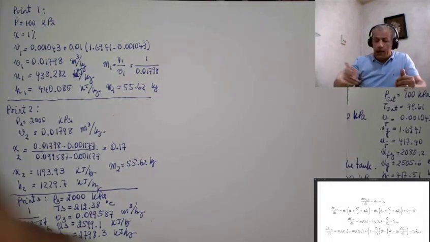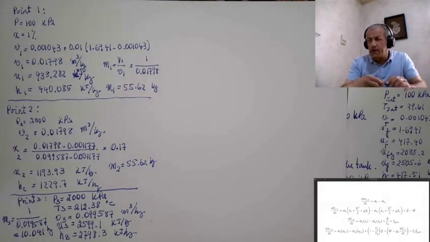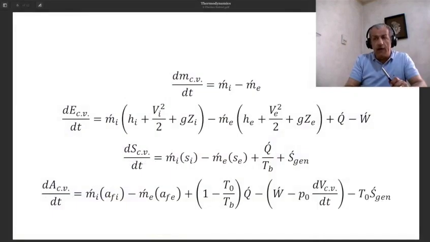So what we do now is try to simplify the governing equations. The governing equations that we have are these equations. And the first two are those that we are concerned with for the time being. The first one tells us the change of mass within the control volume is a function of the inlet mass and the exit mass, and nothing else.